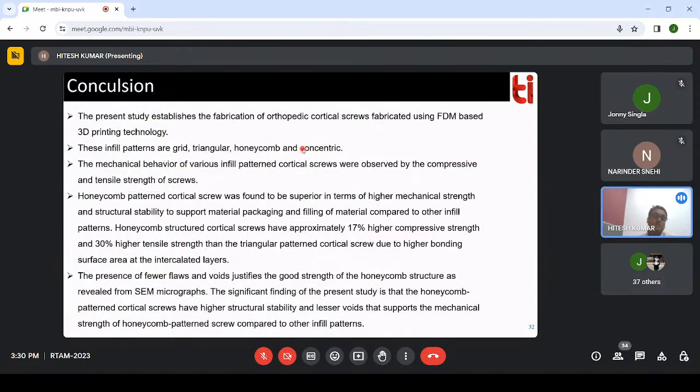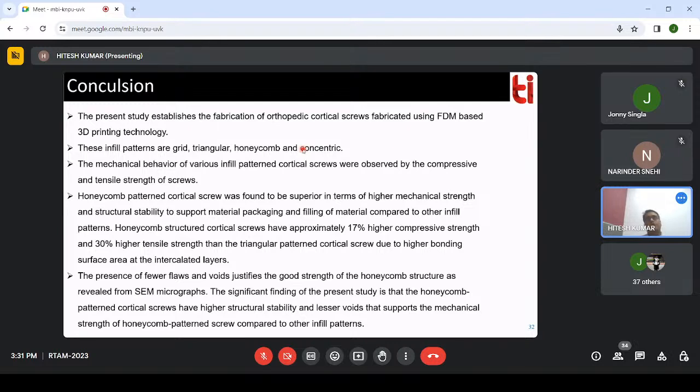This paper was published last year in Polymer Composites. In that, we concluded that, with the help of FDM, it's possible to fabricate the orthopedic cortical screw.